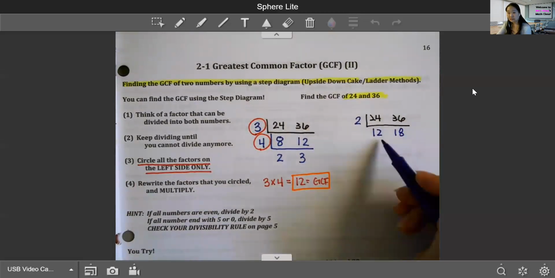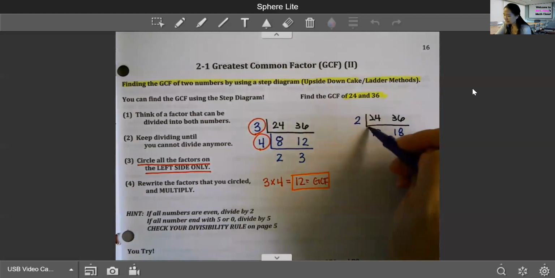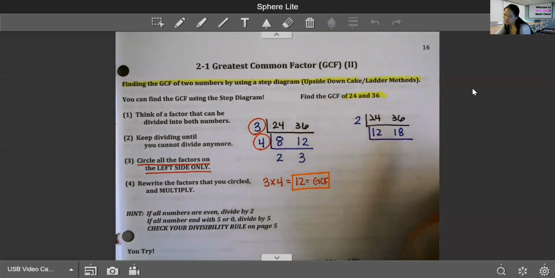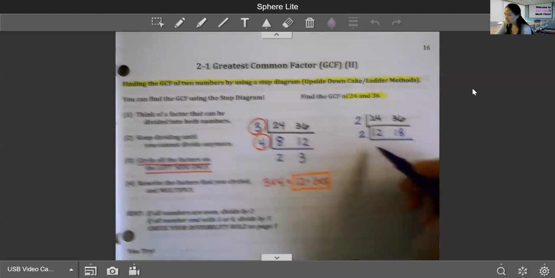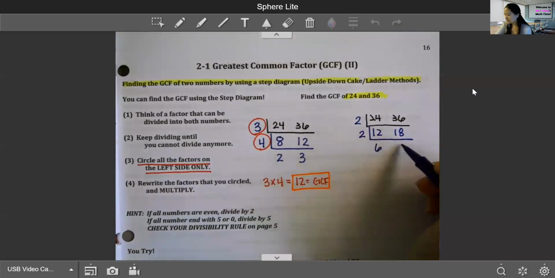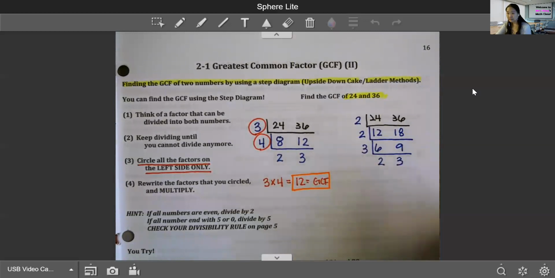Well, I gotta continue, right? I can still divide by 2, 3, or even 6, but let's say I divide by 2. Going in 6 times, going in 9 times. Stop or continue? You gotta continue because I can still divide by 3. Going in twice and going in 3 times.